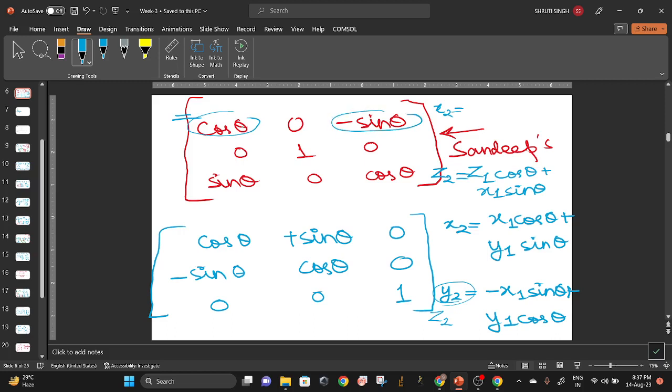Okay, only one, no mixing means the other two values will be 0 and only one value will have some value. Okay, only one column will have some value, but here two columns are having some value. It means it is a mixture of two coordinates. So z2, as here z2 is a mixture of two coordinates z1 and x1 both. So this is called mixing of coordinates.